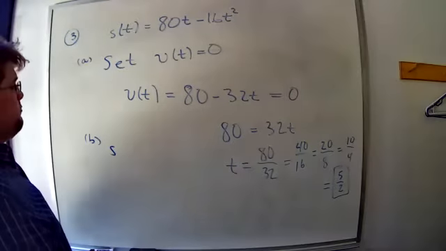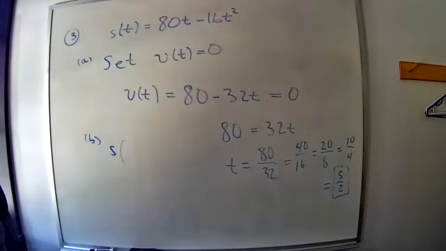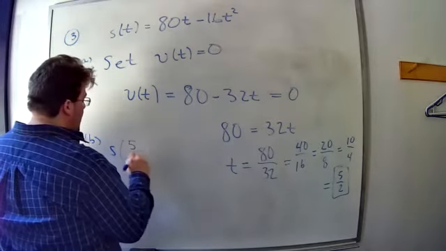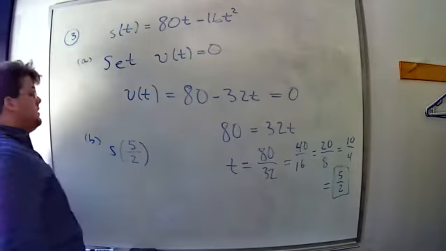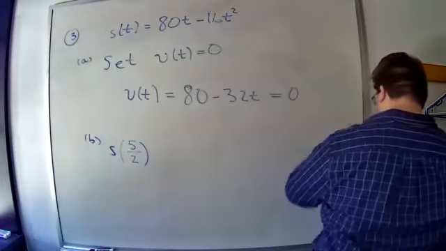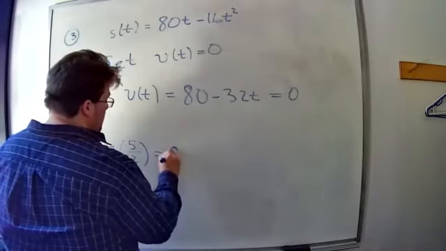Well, this function s measures the position of the ball. It probably even says that. Its position, its height off the ground after t seconds is given by s. So we want s evaluated at 5 halves. So what do we get, s at 5 halves?